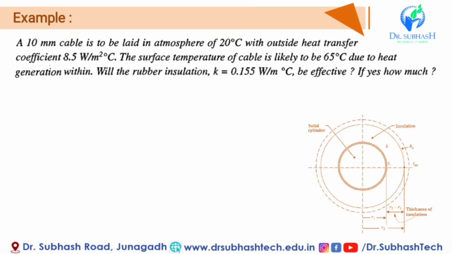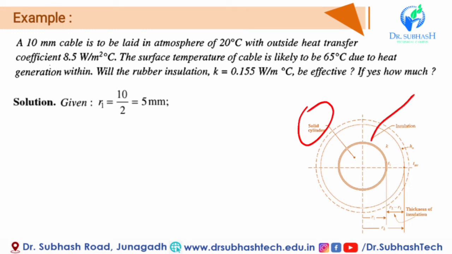Let's start the solution with the figure. Here is the figure. Inside the figure there is a solid cylinder and the outside is an insulation having a thermal conductivity K, which is given in the data. Ho is the convective transfer coefficient. R2 minus R1 is the thickness of insulation.